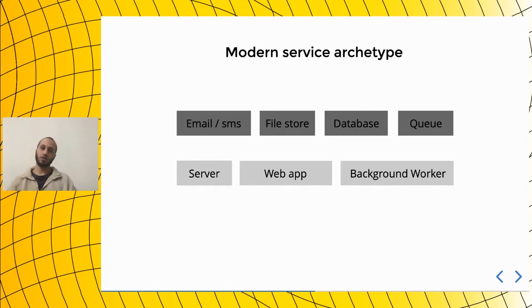And then on the infrastructure side, we have your email or SMS type service, which sends emails to your users. You have your file store, which is something like S3 object storage to store your user data or files. You have a database to store your application state. And then you have a queue, which is your broker between your server and your backend worker.